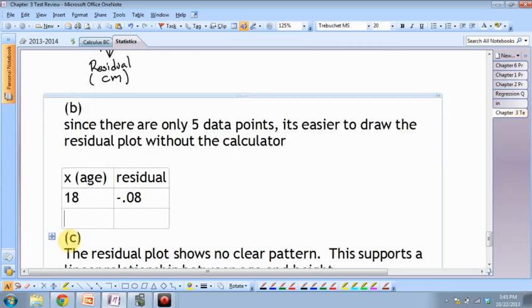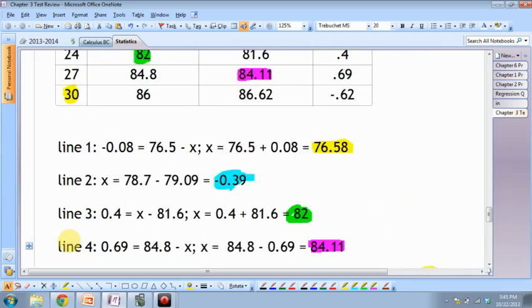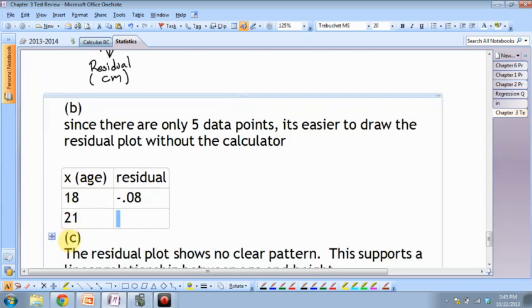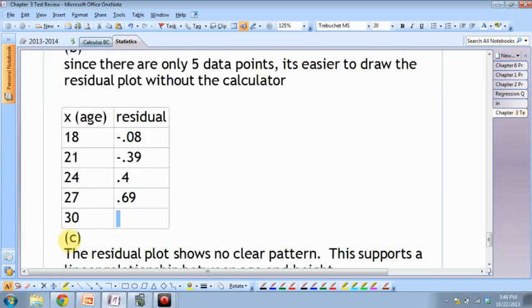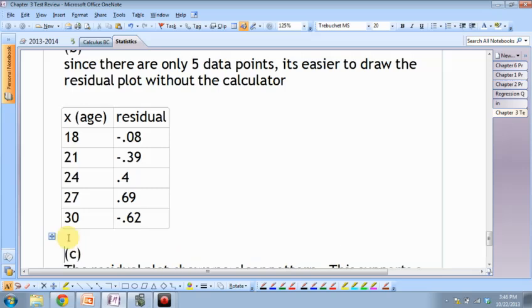The next x-coordinate is 21, and that has a residual of negative 0.39. 24 has a residual of 0.4. 27 has a residual of 0.69. And 30 has a residual of negative 0.62. But as you can tell, that's not really a lot to plot. It's 5 points. So just go ahead and do it.